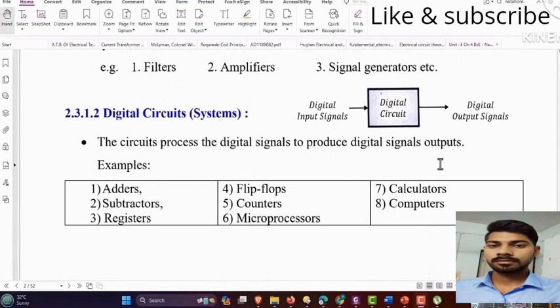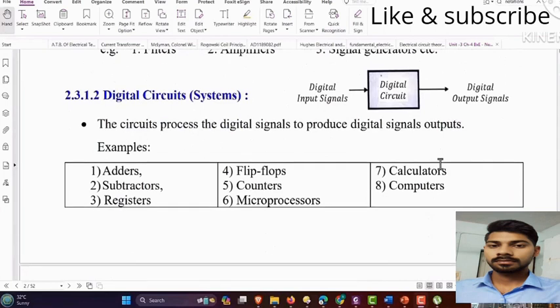The digital systems are also called discrete systems. These systems process the digital signal to produce the digital signal output. See in the block diagram, this is the digital system or circuit. Inputs are digital inputs.